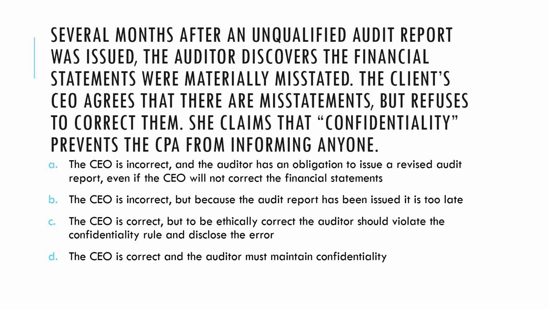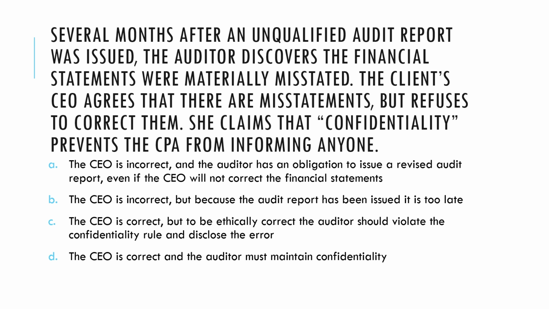Or letter B, the CEO is incorrect, but because the audit report has been issued, it is too late. Or letter C, the CEO is correct, but to be ethically correct, the auditor should violate the confidentiality rule and disclose the error. Or letter D, the CEO is correct and the auditor must maintain confidentiality.